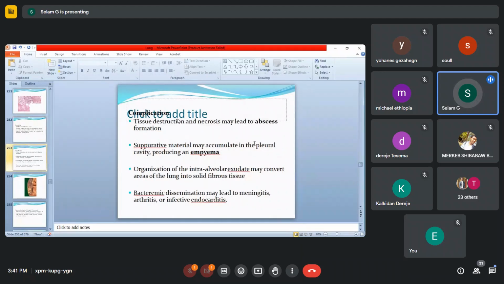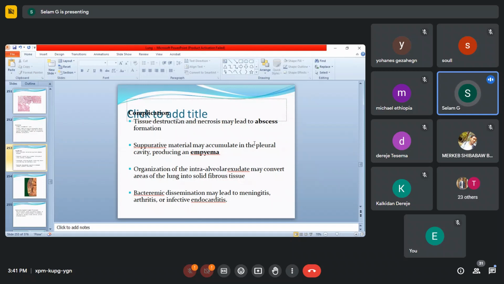Also, what complications can we expect from a patient having pneumonia? Tissue destruction and necrosis may lead to abscess formation, so lung abscess may occur. Suppurative material may accumulate in the pleural cavity, producing what we call empyema, or pus collecting in the pleural space. That could be one complication of pneumonia.